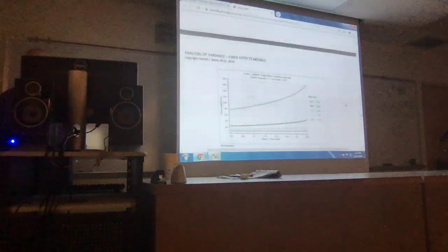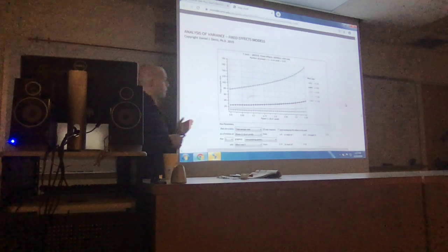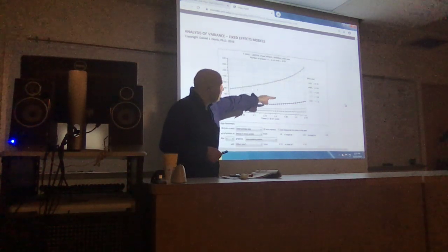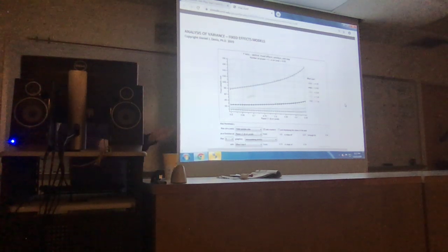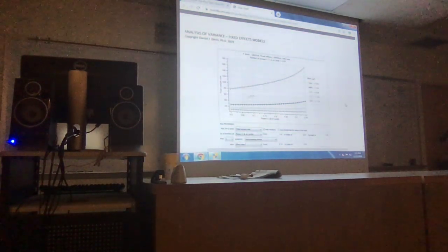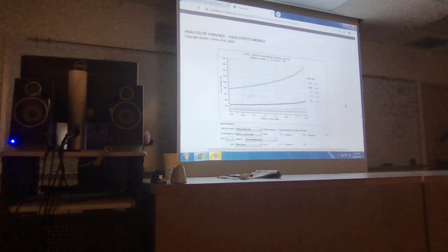For fixed effects, we can see here the different power curves, right? So power for different levels of effect size. It's gonna change a little bit depending on your effect size. And what's more is the curves are not necessarily linear. They look a little bit linear towards the bottom, but then they get a little bit more curvilinear near the top.